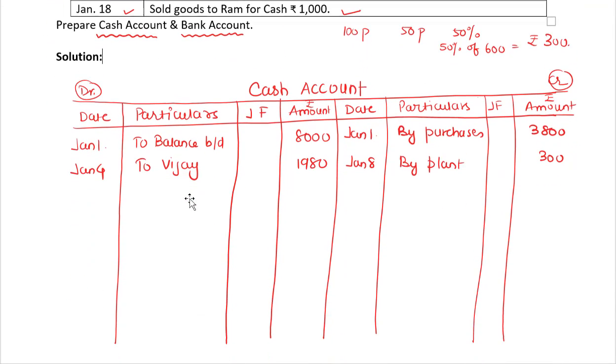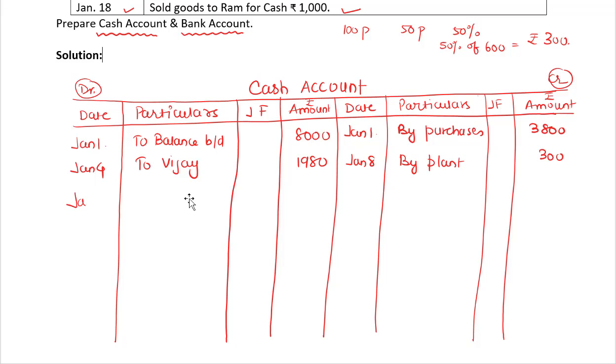So on January 15, we have received from Rahim 300, that is 600 multiplied by 50%. I believe you are clear till here.